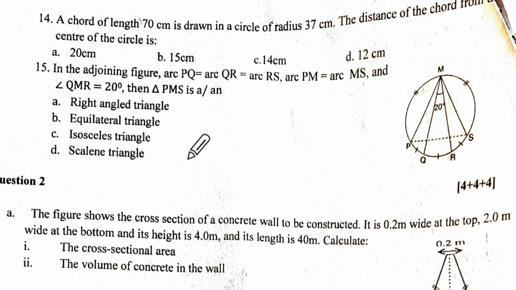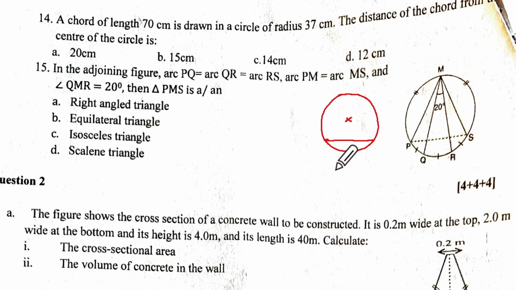A chord of length 70 centimeter is drawn in a circle of radius 37 centimeter. The distance of the chord from the center of the circle is. I don't have space here, but you can show a small diagram over there, number 14. There is a chord, there is a center.